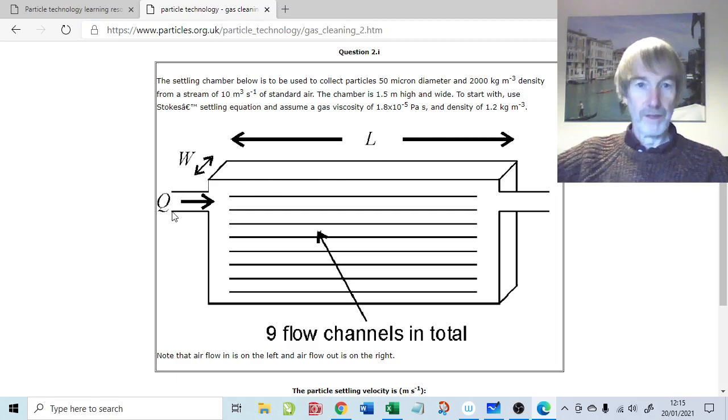What we have is a settling chamber, which is basically a rectangular box with a flow rate into the settling chamber of Q meters cubed per second of gas containing dust particles. The idea is that the flow comes in and the dust particles settle out in a similar way to the Camp-Hazen model for a sedimentation settling basin.